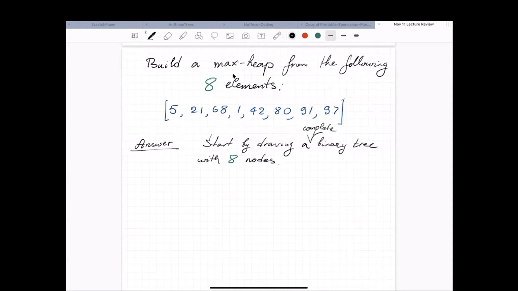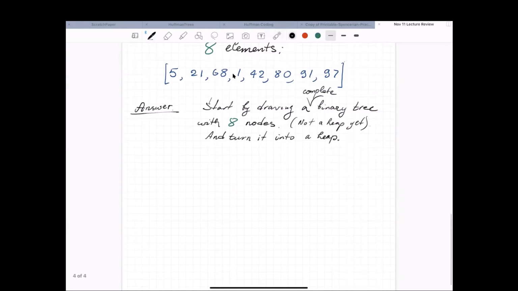This is not a heap yet, and we want to turn it into a heap. Is it clear what we're doing? Okay, let's start drawing this.